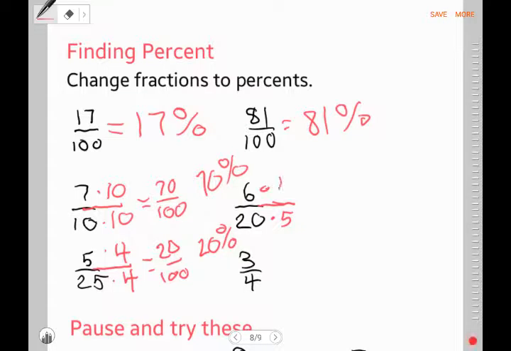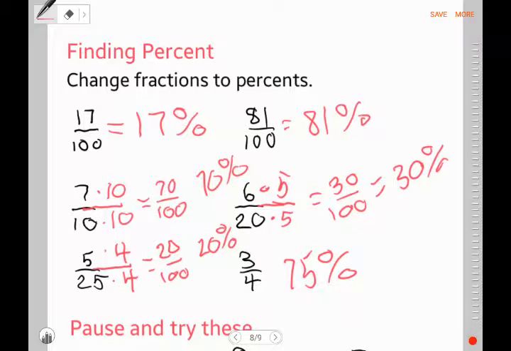So times the top and the bottom by 5, and we get 30 hundredths or 30%. Okay? 3/4, top and bottom times 25. 3 times 25 is 75%.